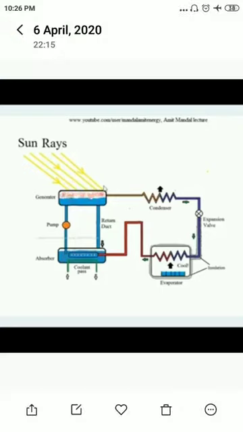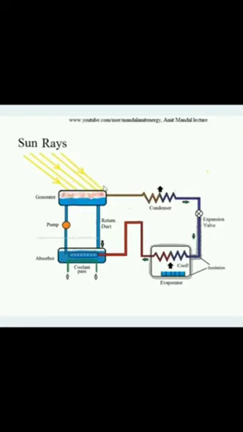So this is your solar vapor absorption system and solar vapor compression system. Thank you.